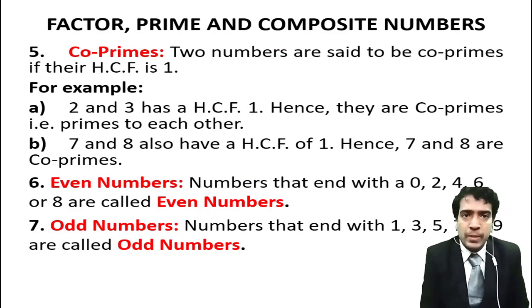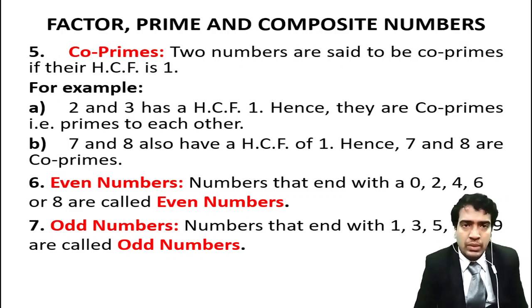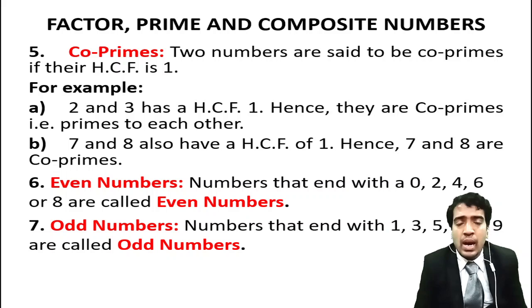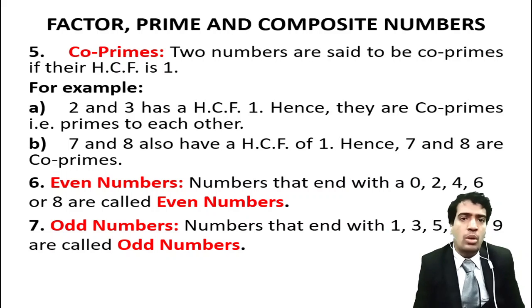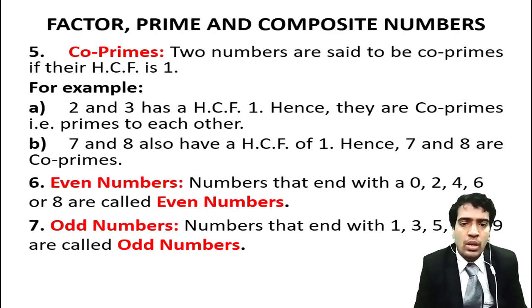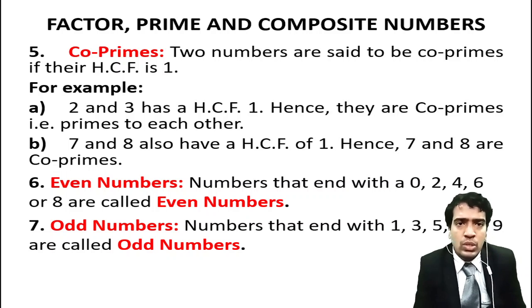What are coprimes? Coprimes are those numbers which have their highest common factor, we will see what a highest common factor is, as only 1. Then you would call those numbers coprime.